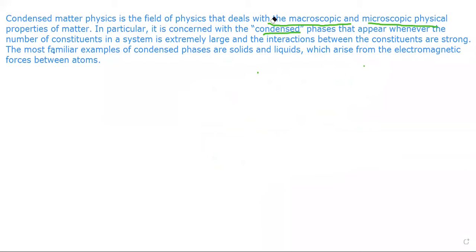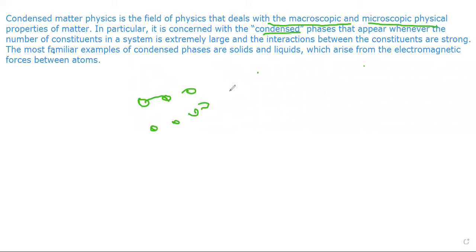Let's suppose that we have a large number of particles scattered here and there, and when we bring all these particles closer and closer, then the force of interaction between them increases, and therefore a condensed phase appears out of these interactions. Examples of this condensed phase that we see are liquids and solids. These are very common examples.